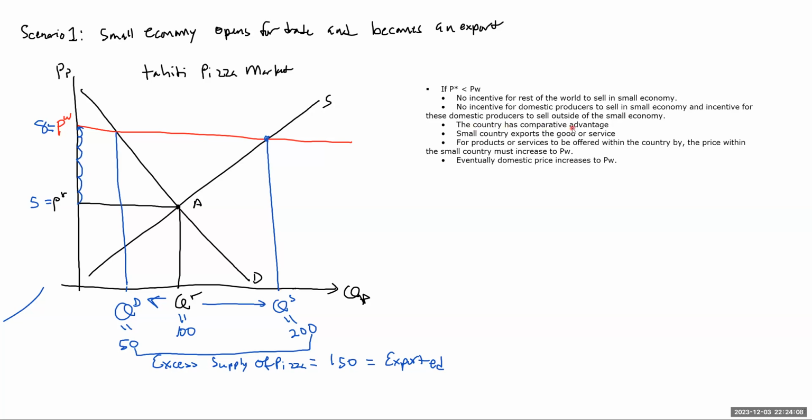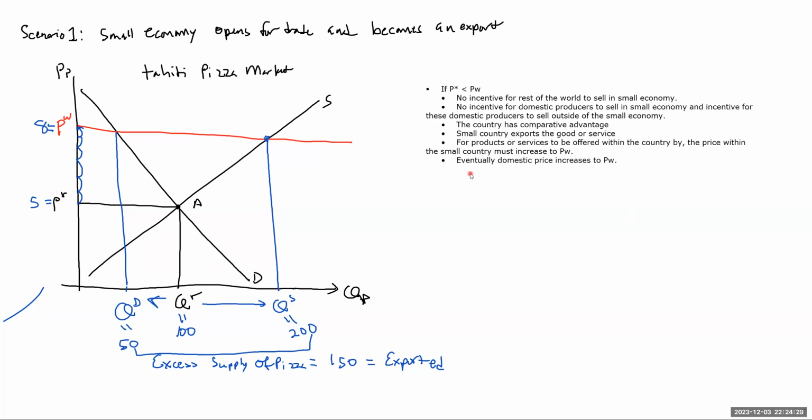Okay, this country has a comparative advantage because its price of pizza at $5 is lower than the world price. And this small country, in this case Tahiti, is exporting goods to the rest of the world. And we see how to calculate the export.